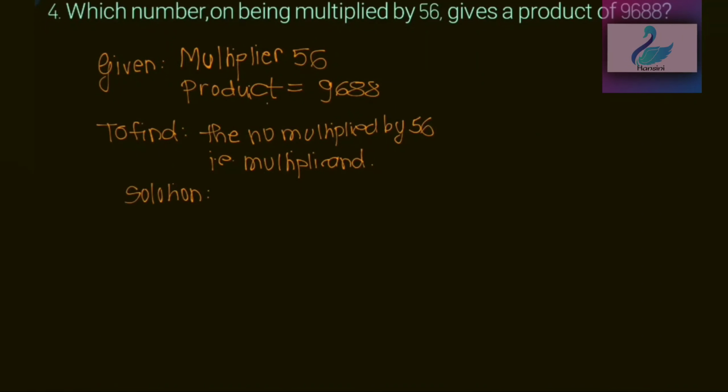So now we will see the solution. As 56 is smaller and 9688 is greater, 56 is the divisor and 9688 is the dividend. In the rough work we will prepare the table of 56.